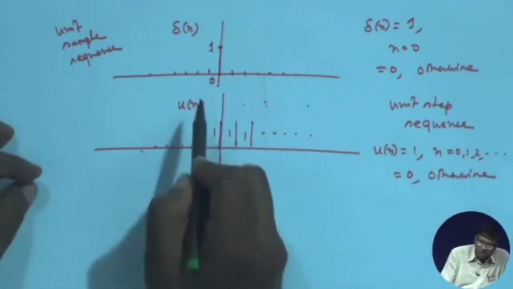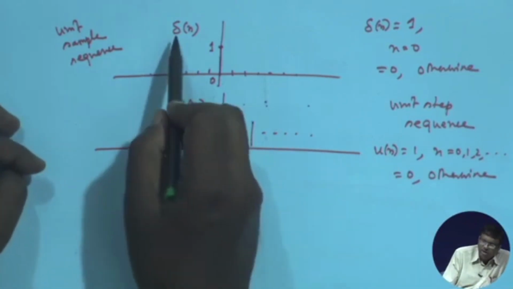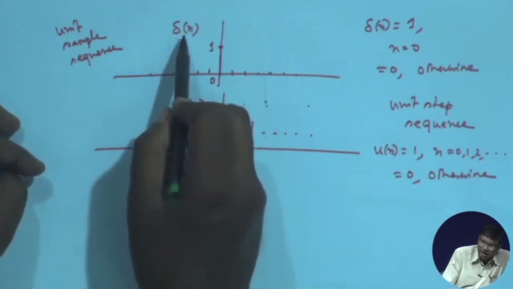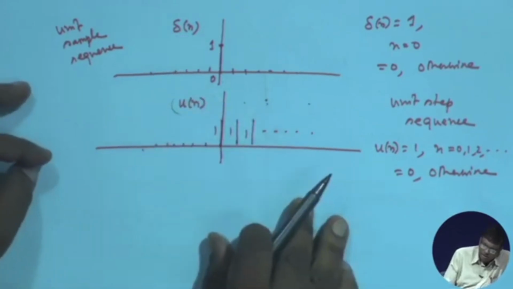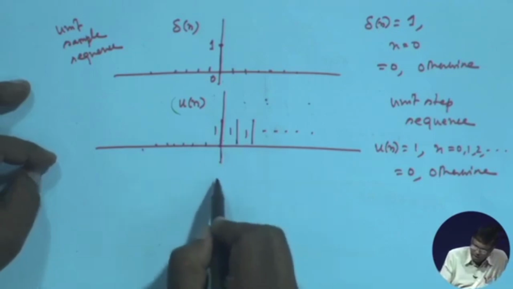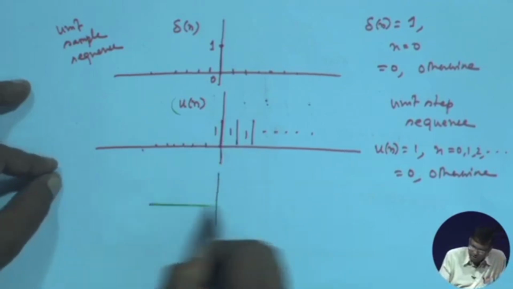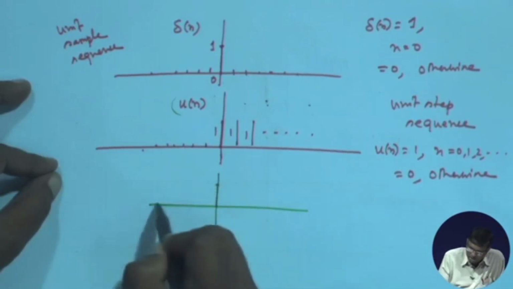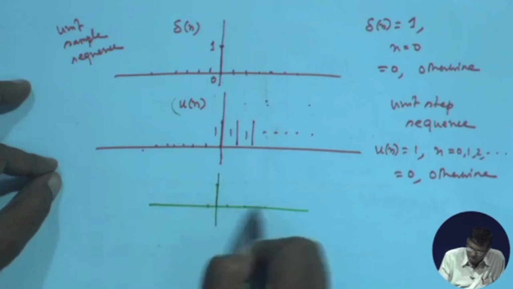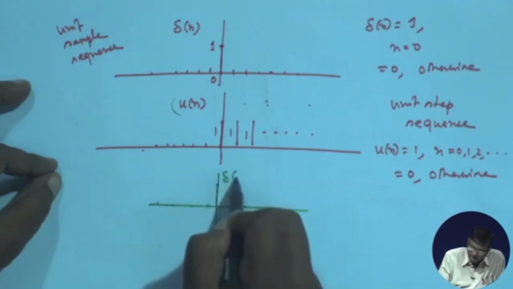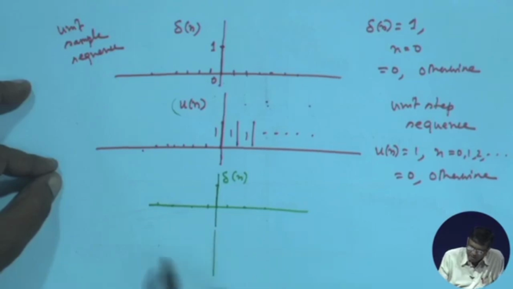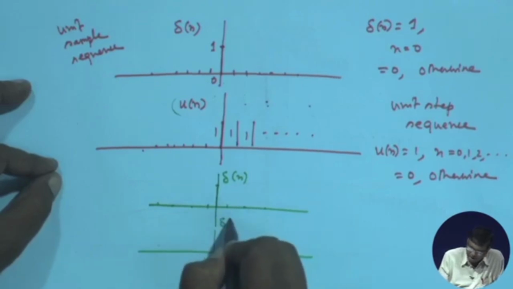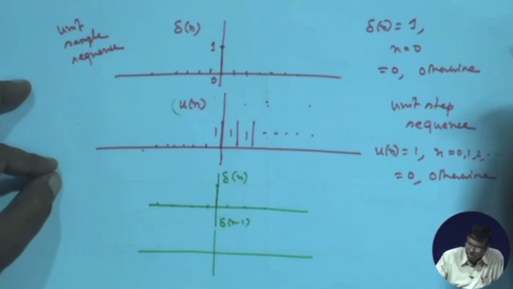Then if I ask you, can I write u[n] in terms of delta[n] and can I write delta[n] in terms of u[n]? Now, you can view u[n] as though there is one impulse, delta[n], and 0, 0, 0 everywhere. Then another one, if I take delta[n-1], it will be shifted.